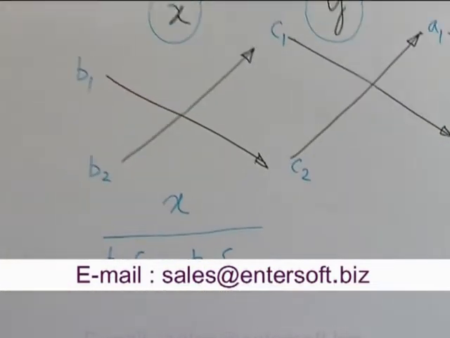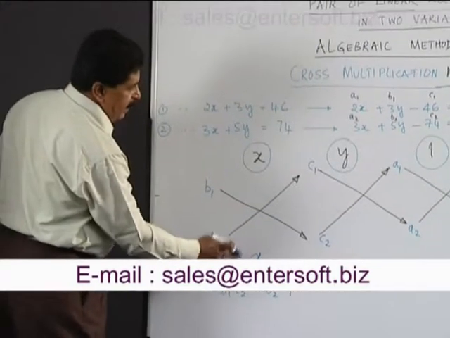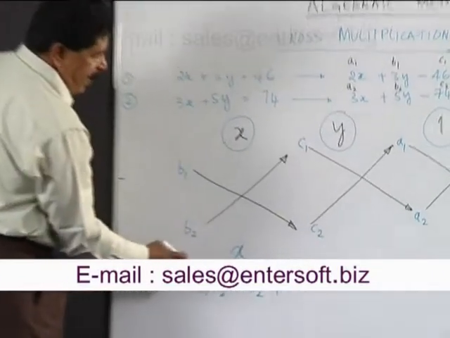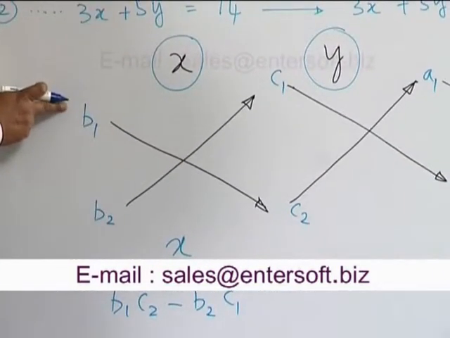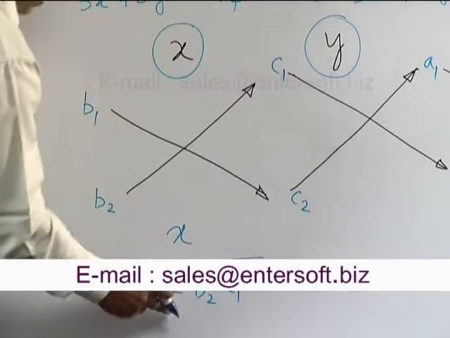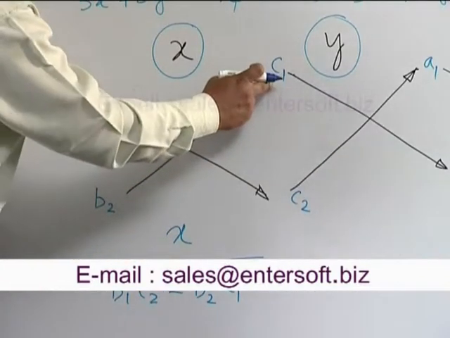Please note carefully, x divided by, go from the top down, B1 C2 minus B2 C1.